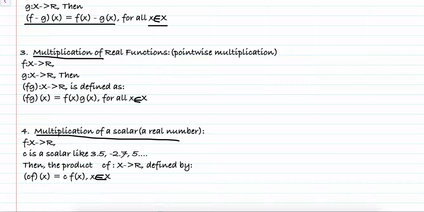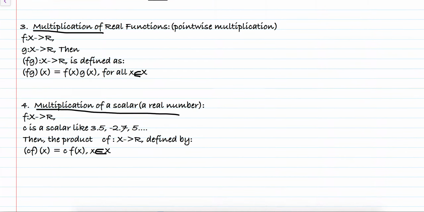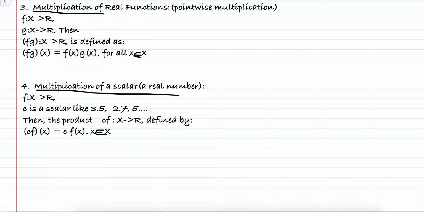So again, this is also a very trivial case, and if we take one example, f(x) is x square. So f is, suppose, x square. So f of 5 will be 25.